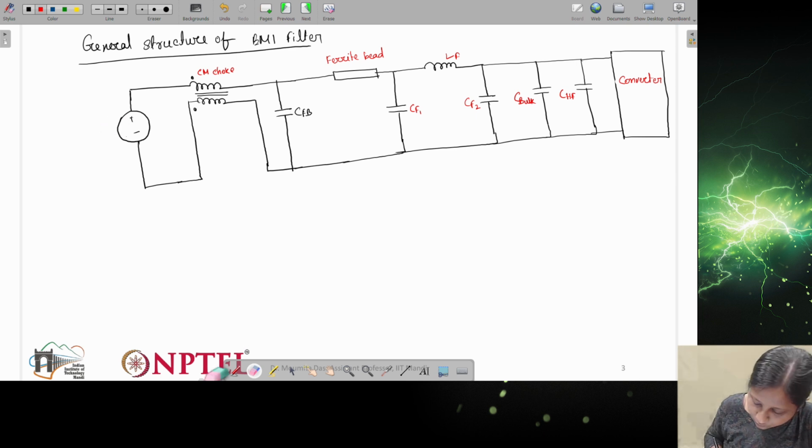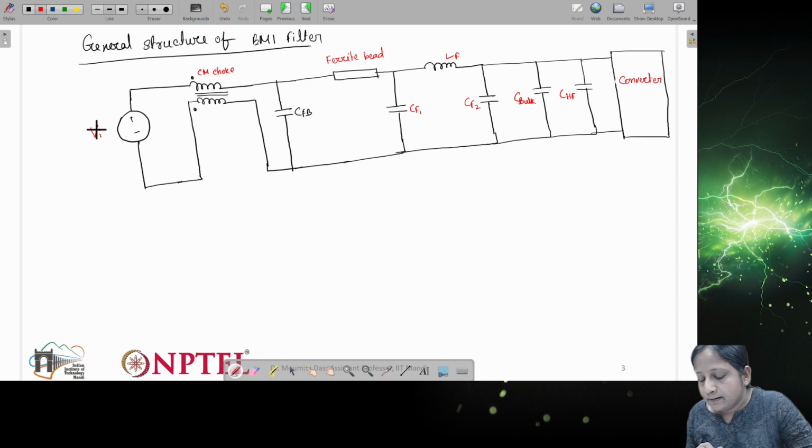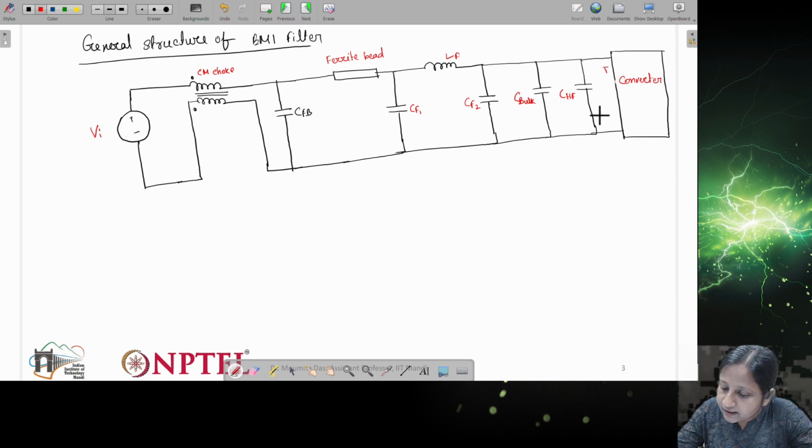This is input voltage VI. So VI we are actually providing from the supply here at this input point, and the converter which is getting the VI dash, that will be after the filter part.